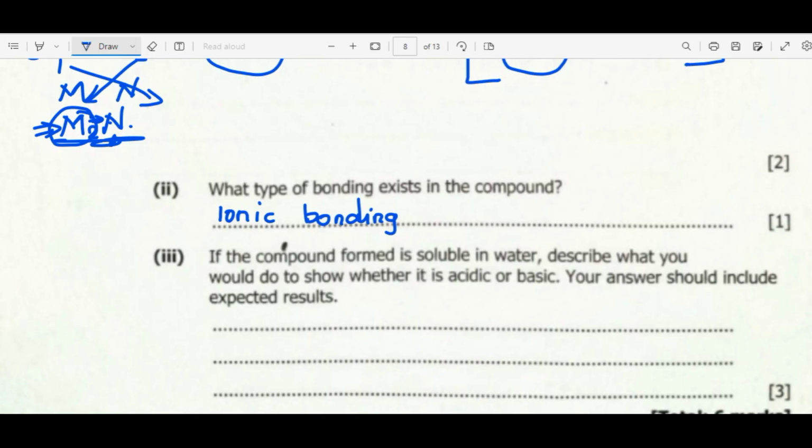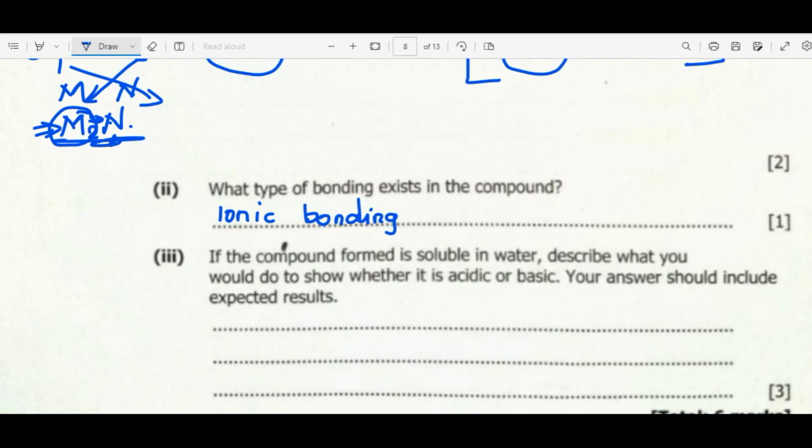Roman number 3, if the compound formed is soluble in water, describe what you would do to show whether it is acidic or basic. Your answer should include the expected result. To show whether this substance is basic or acidic, first we need to look at the nature of a metal with a non-metal like oxygen, which is sodium oxide.